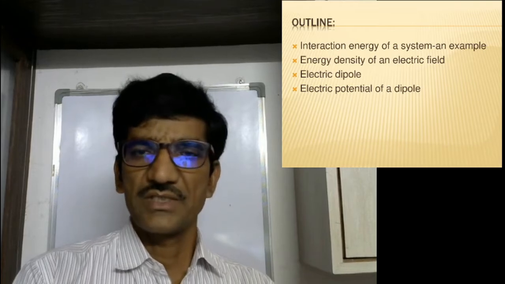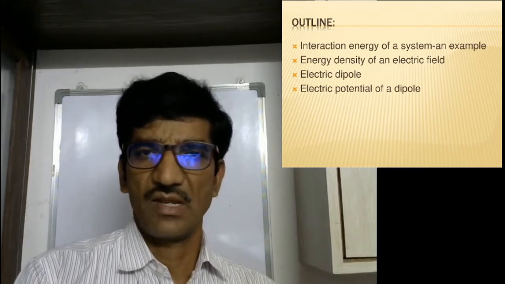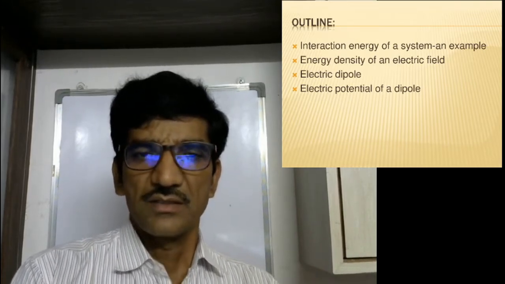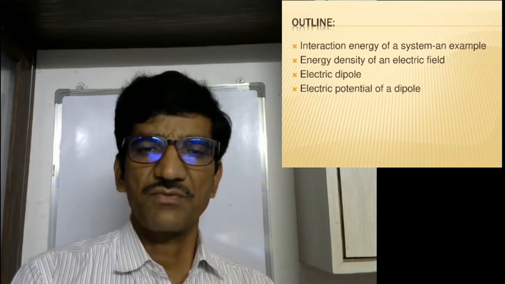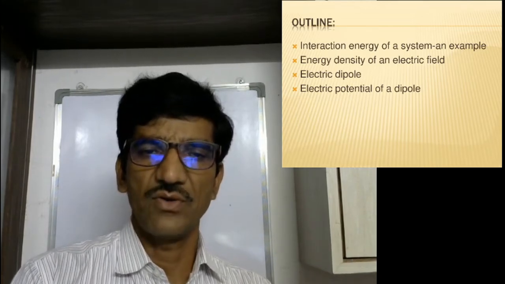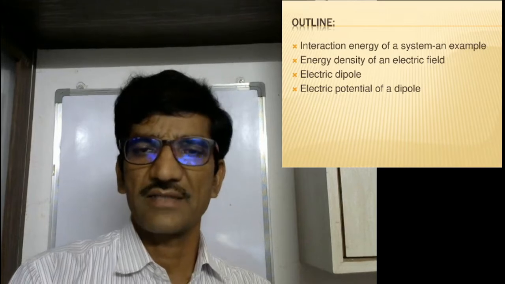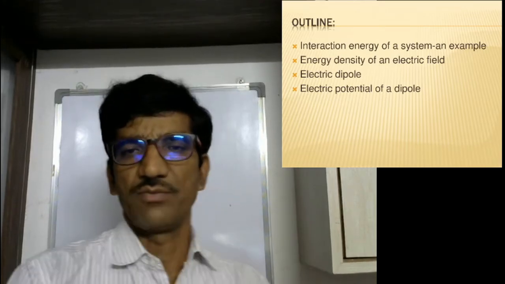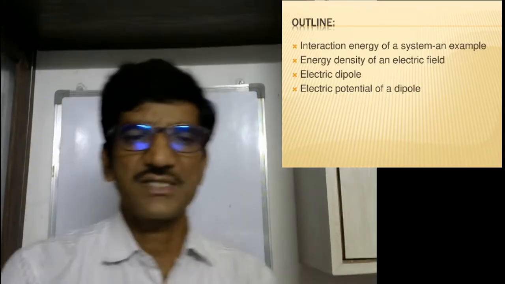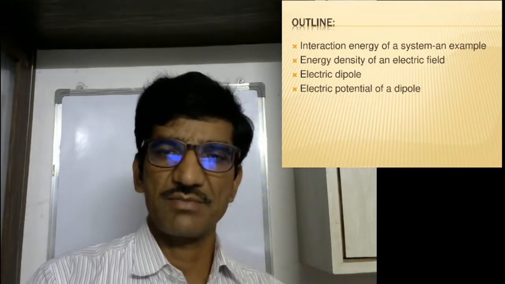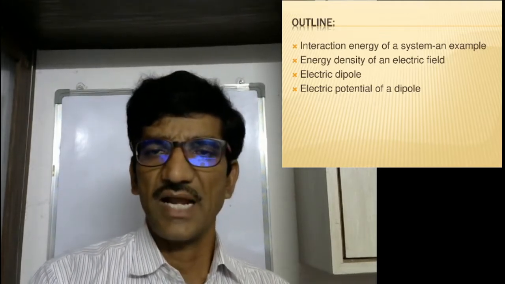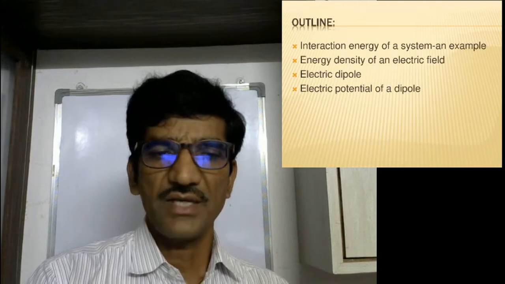Next we are going for the electric dipole. Next, in order to find the electric field of the dipole, first of all we are finding the electric potential of a dipole. First of all, let us go for the examples of finding the interaction energy of a system.